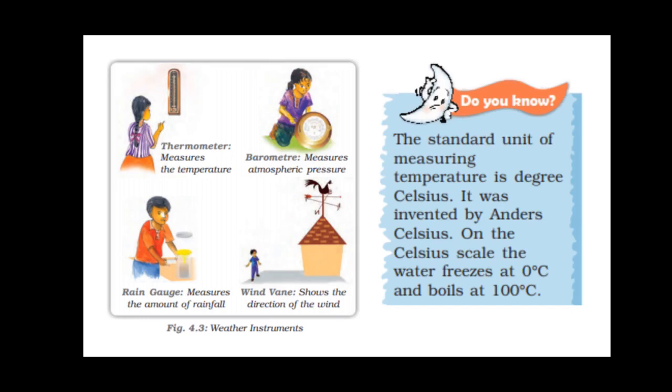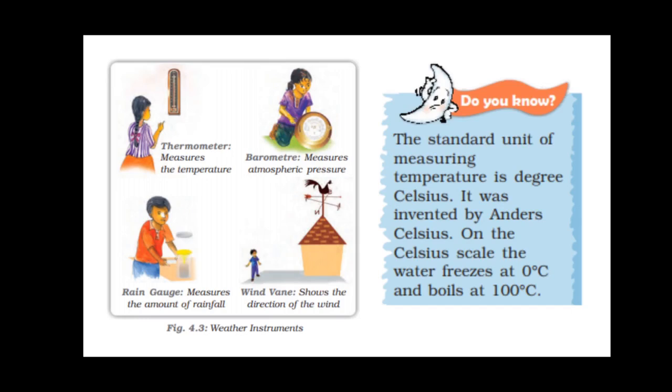The standard unit of measuring temperature is degrees Celsius. That's why we mention 90 degrees, 100 degrees, 101 degrees. What is the standard unit of measuring temperature, children? Degrees Celsius.